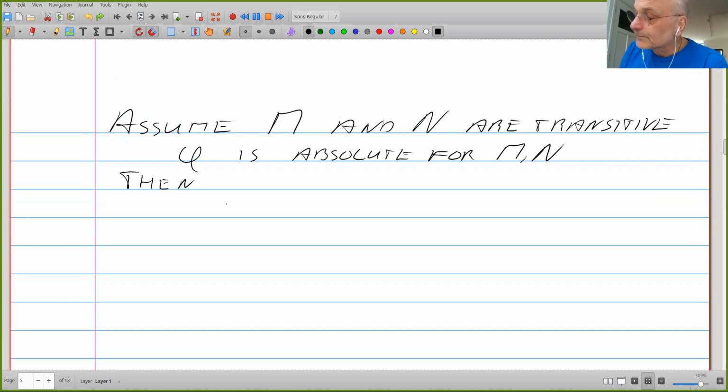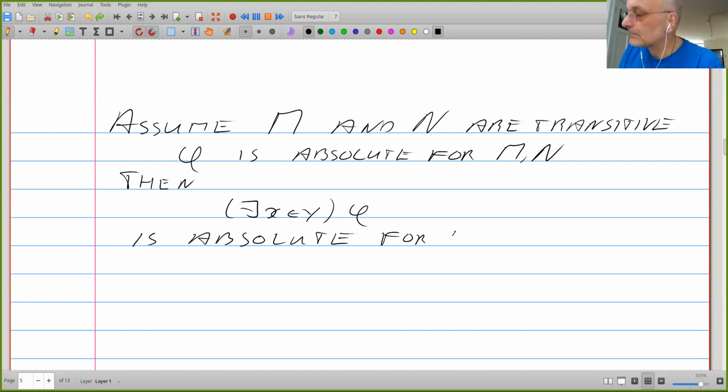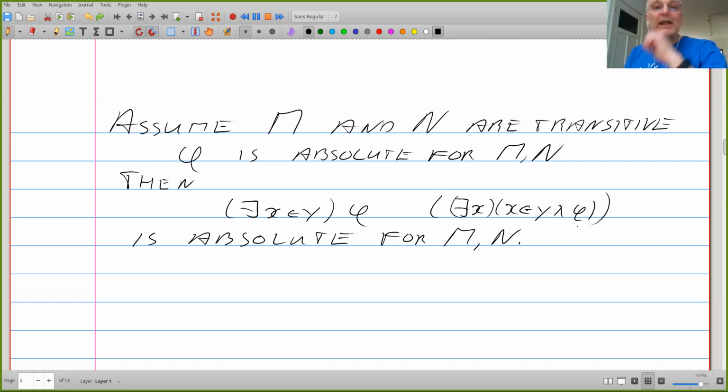Then a bounded quantification, the official definition of there is an X in Y such that, is there is an X in Y and phi. This is absolute for M and N as well.